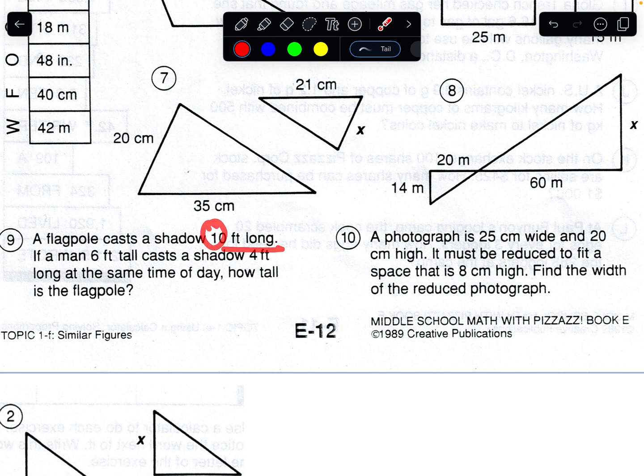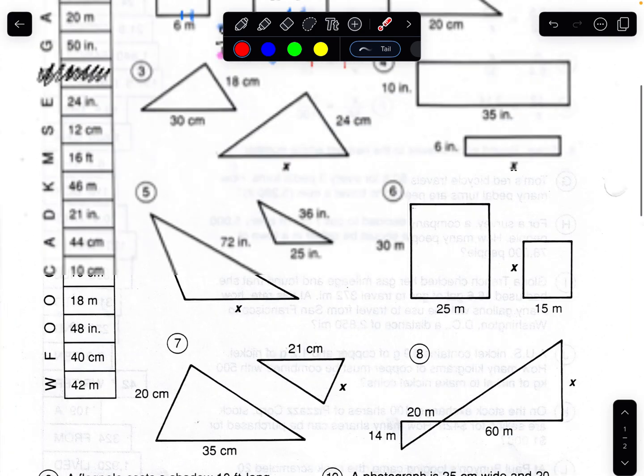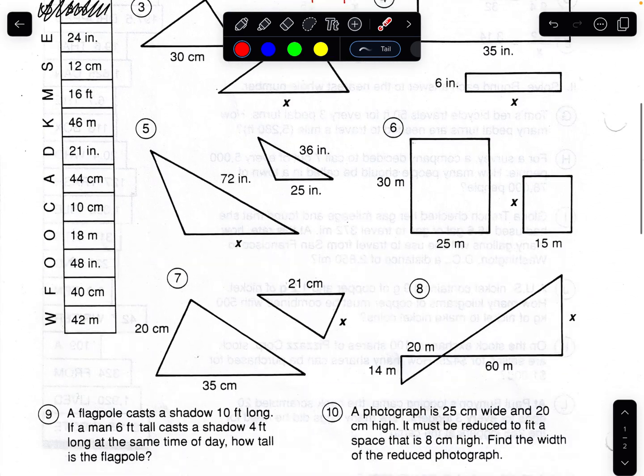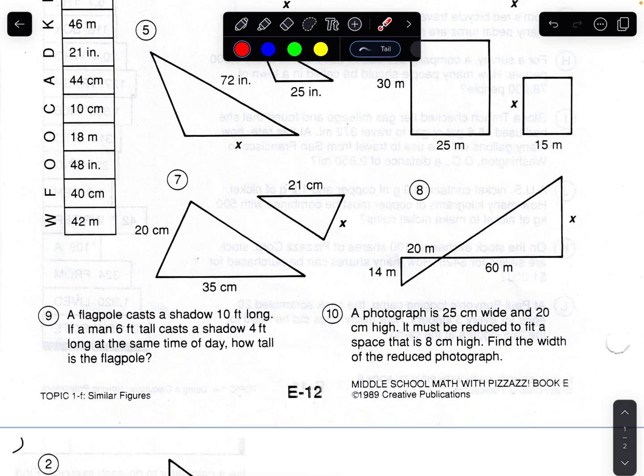So 10 feet long, 6 feet tall, 4 feet long. In your second read, you're looking for what's the main question being answered. So what is the thing I'm trying to find? What's my unknown? And then my third read is going to be talking about how do I actually solve this, which based on what we have here, we know that we're going to be using scale factor or using a proportion to help us out.